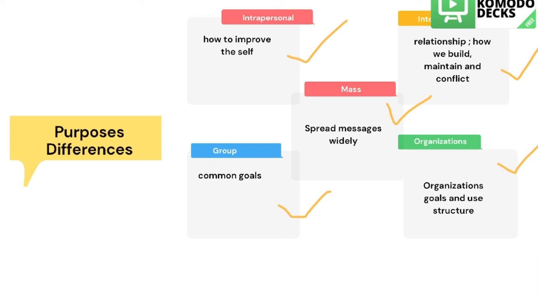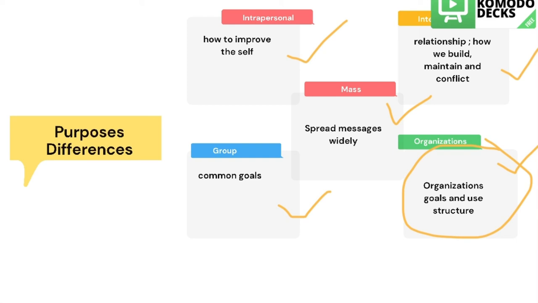Because the two people, the leader of Himacom and the leader of another organization, do not communicate to build a relationship, but to make organization goals and using a structure.